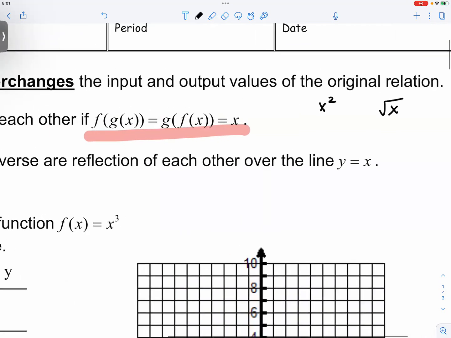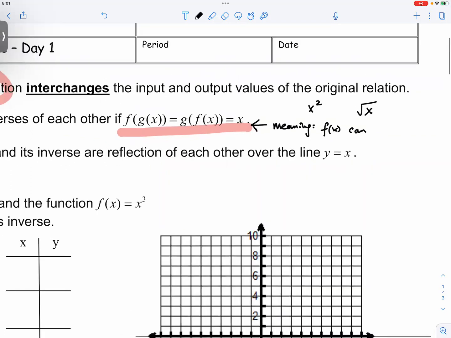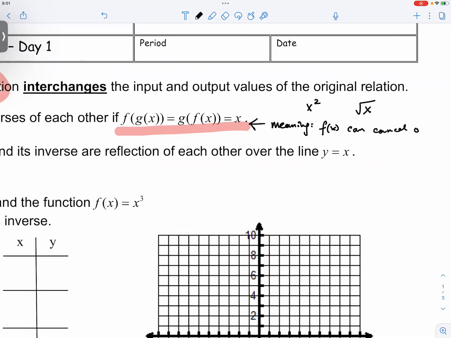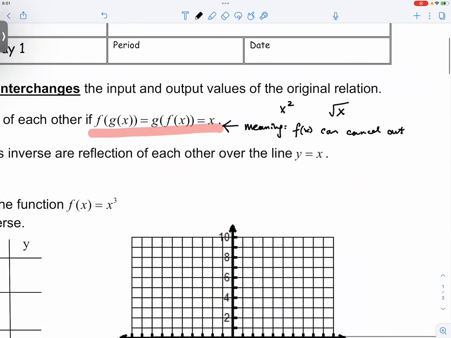And so the meaning of this notation is simply saying that f of x can cancel out g of x, and of course, vice versa.